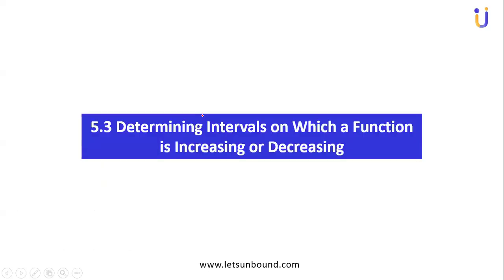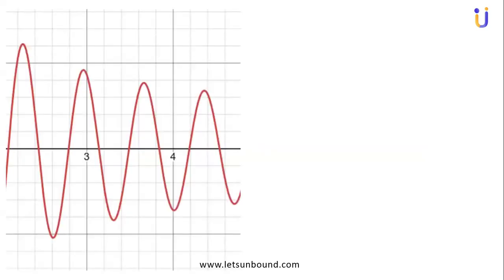And next thing, determining intervals on which a function is increasing or decreasing. So we know the critical points, we know how to locate them, and critical points are again useful here. Let's see where this function is increasing and where it is decreasing.